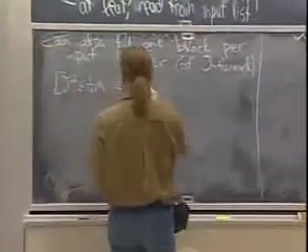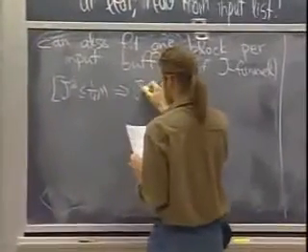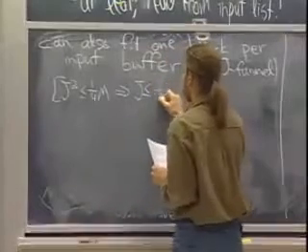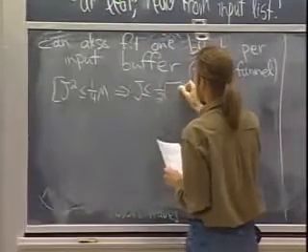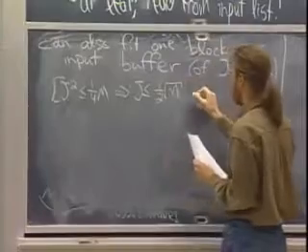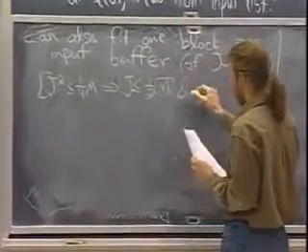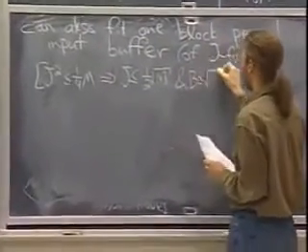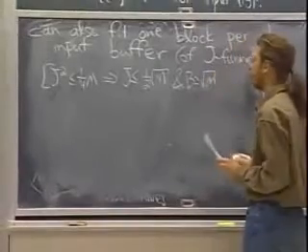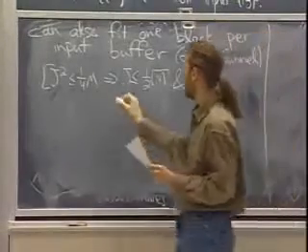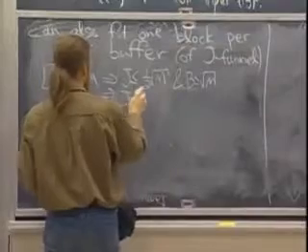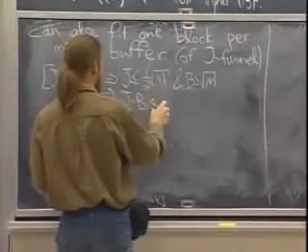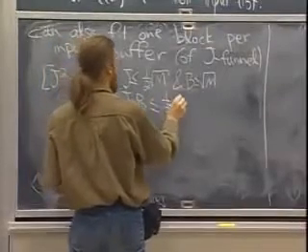That implies that J, if we take square roots of both sides, is at most 1/2 square root of M. Also, we know that B is at most square root of M, because M is at least B squared. So we put these together, and we get J times B is at most 1/2 M.